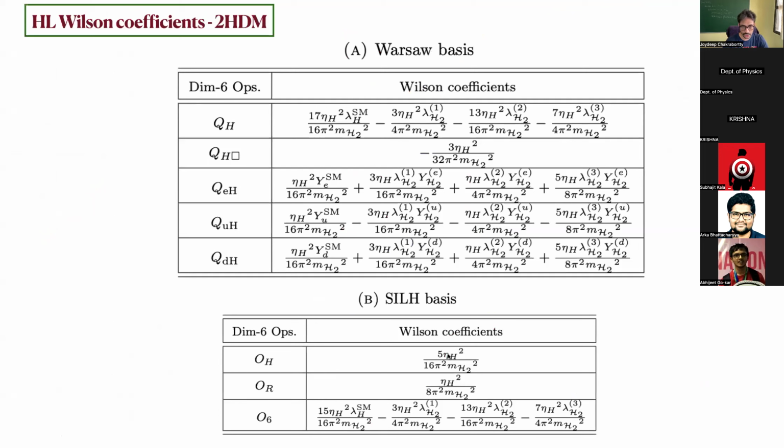If you do include those contributions, you'll find there are some additional contributions to the existing operators in terms of Wilson coefficients, which are basically the light-heavy mixing. And once you include them, you can say that up to one loop your integrating out is complete, and you get the complete Wilson coefficient corresponding to each and every operator. And then your analysis will be more robust. You are not missing out anything.